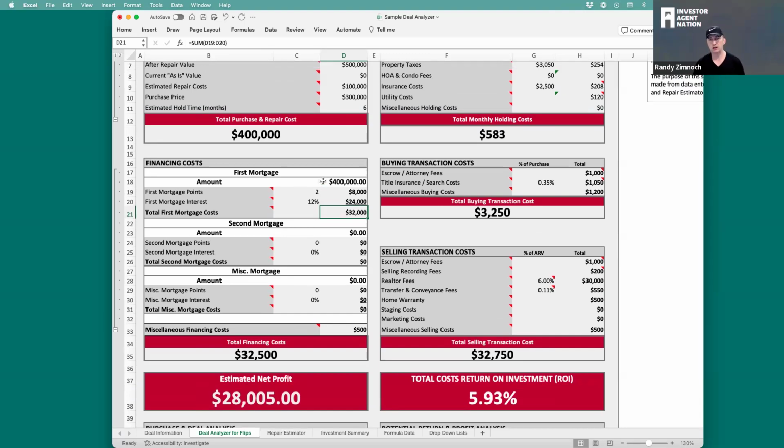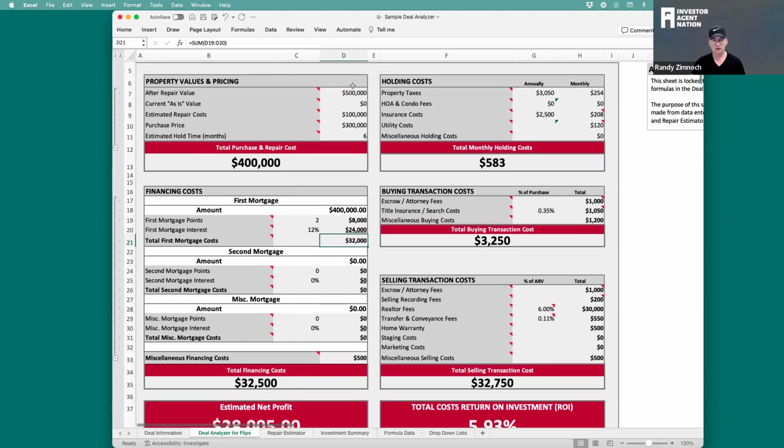I can tell you when someone asks me that question in San Diego, Randy, what is your company's ROI? What are you guys looking for? I would say, I don't know. It depends on the deal. If you're going to give me this property that we're analyzing right here and tell me that this is a full gut and I literally have to knock out some walls, there's mold, and I have to put 200,000 into a property, even though I might get it for 200,000 to buy, but now my repair number is 200.